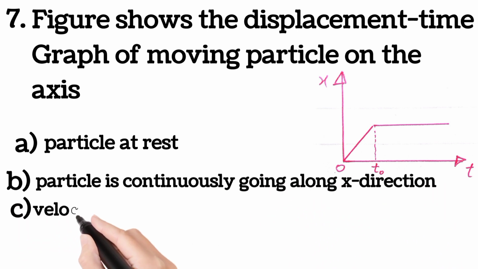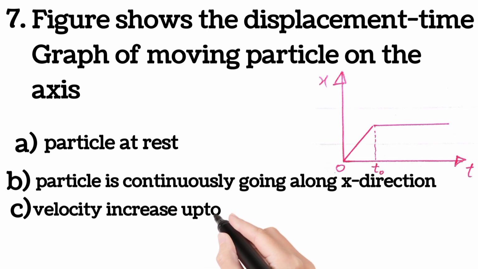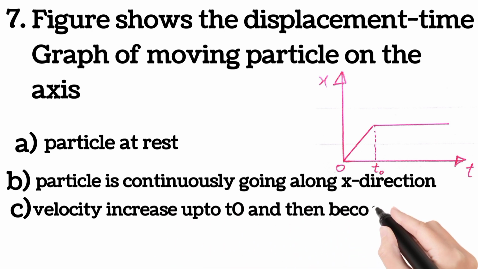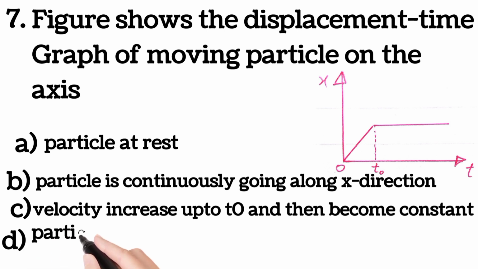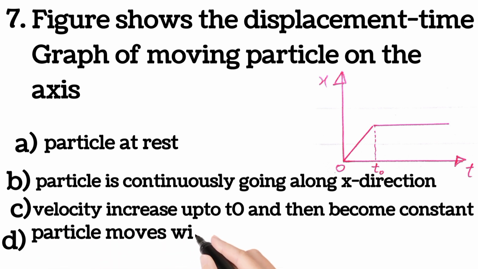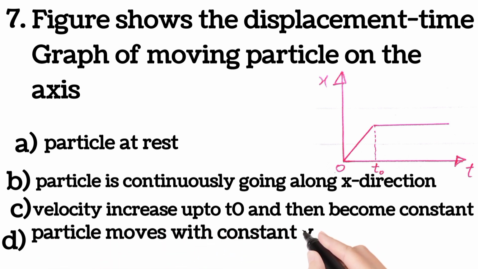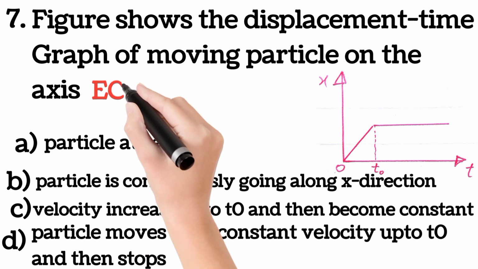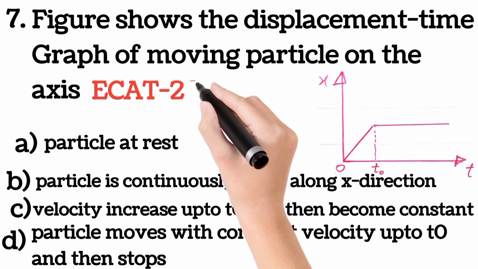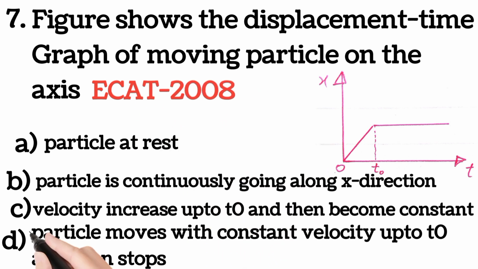C option is velocity increasing up to t naught and then becomes constant. D option is the particle moving with constant velocity up to t naught and then stops. This MCQ was asked in ECAT 2008. The correct option is D.